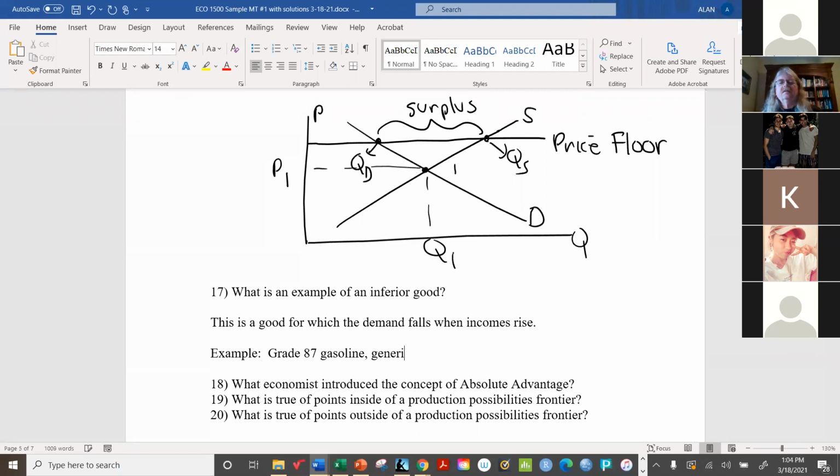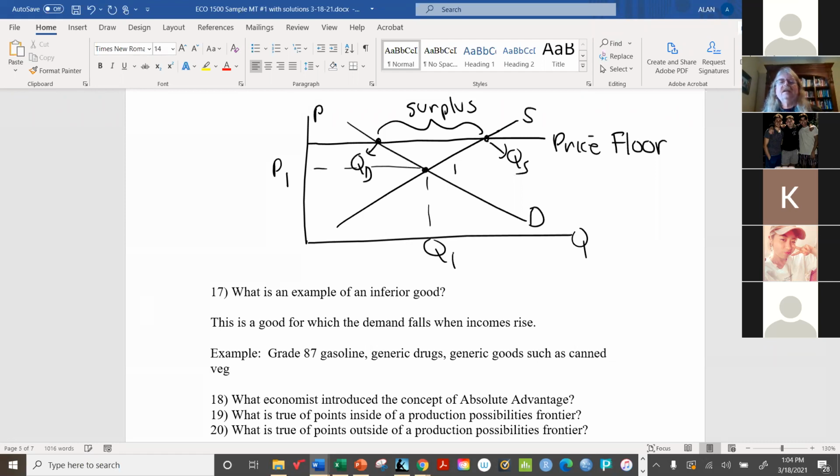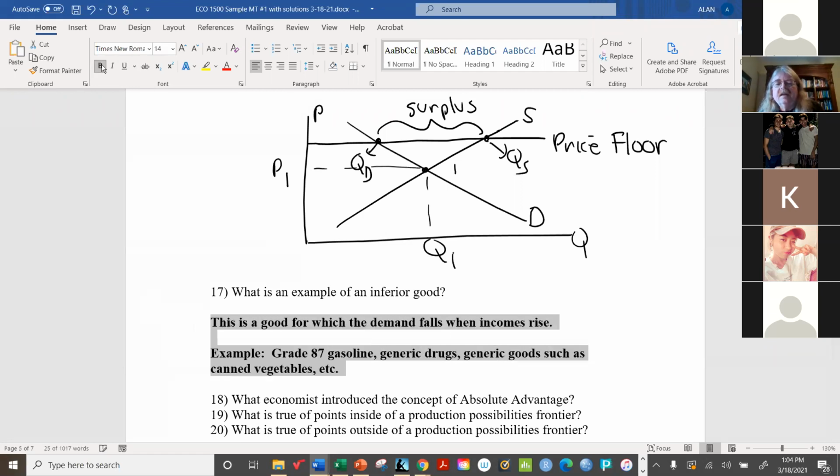Generic drugs. Generic products in the supermarket, products like canned vegetables, things like that. And again, if it asks for examples, that's fine. If it doesn't, you don't have to bother. Just say it's a good for which the demand falls when incomes rise. We buy less of it when our incomes rise.